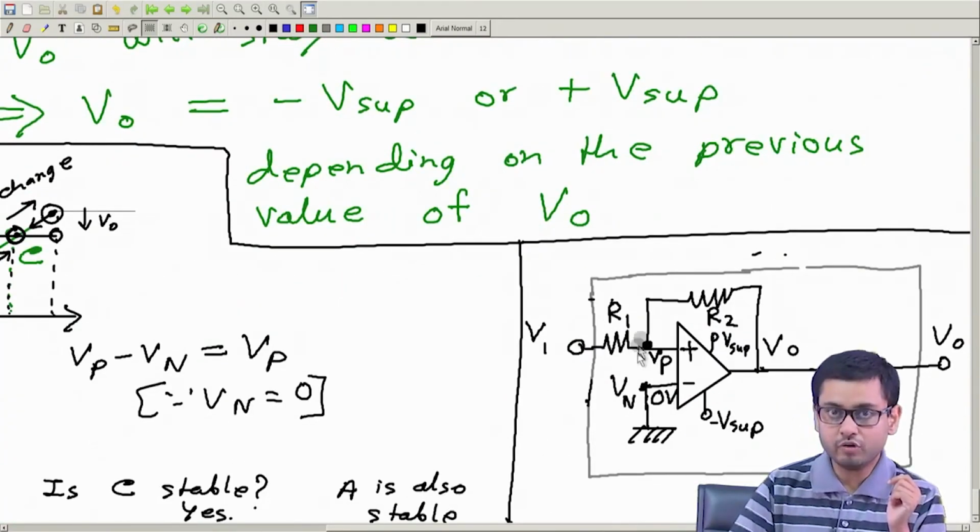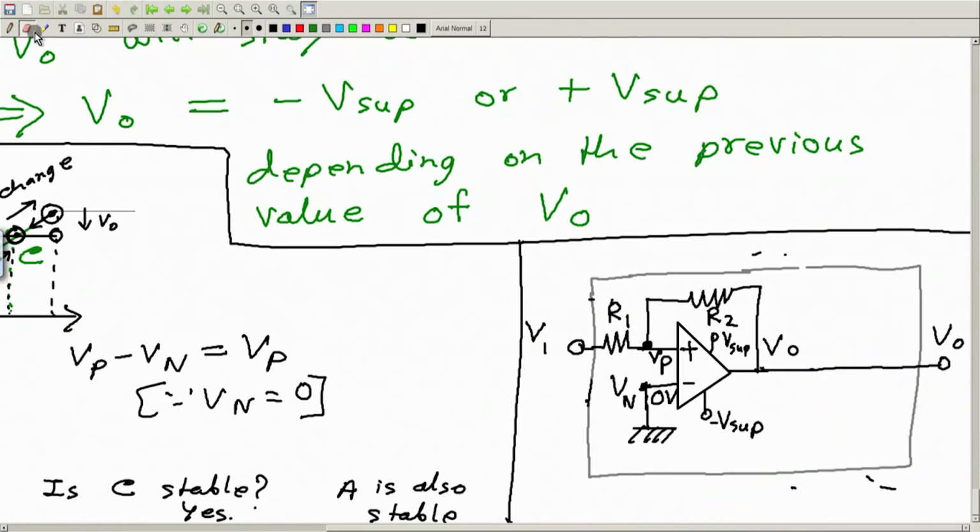So let us now focus on this circuit. Say at some moment the value of VO is plus V supply.